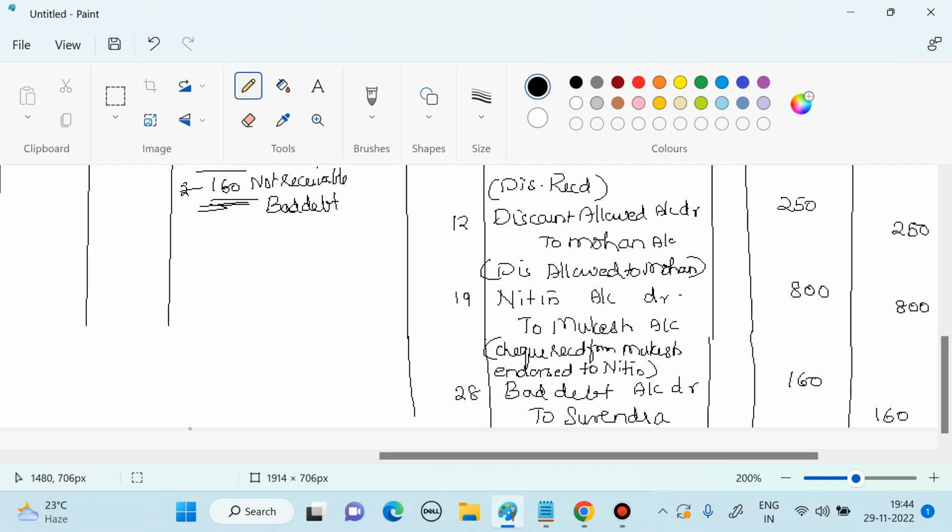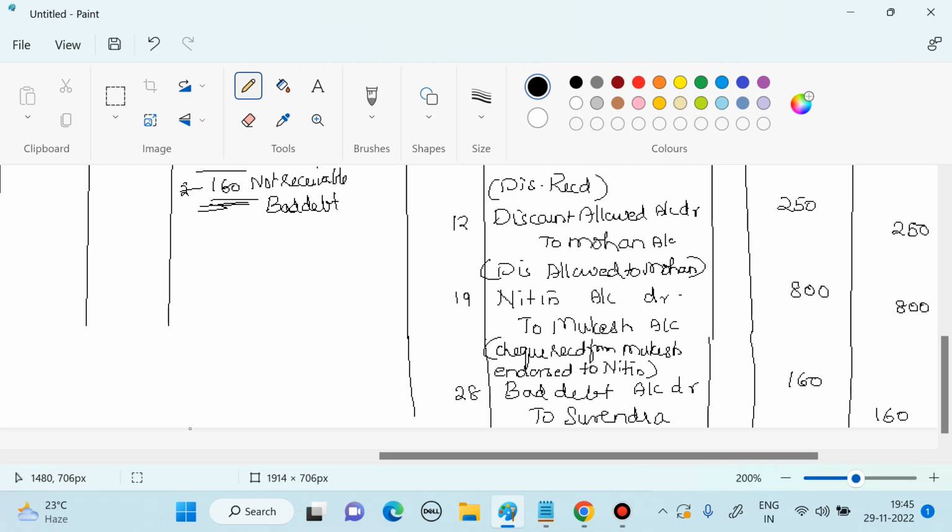The next transaction we have is on April 28th again. Here it is received repayment of loan advance to Ram 3000 and deposit out of it 2500 to bank. Now here we are going to split it up into two transactions because first we are going to receive the amount. This was towards a loan which was given to Ram. So it was amount receivable from Ram.